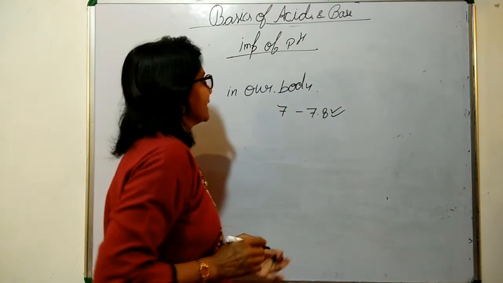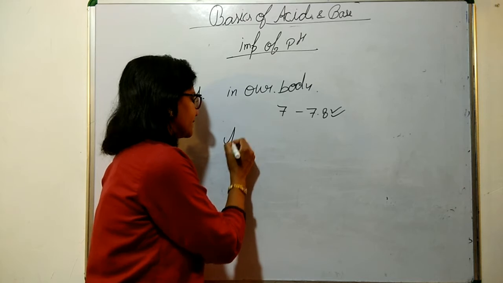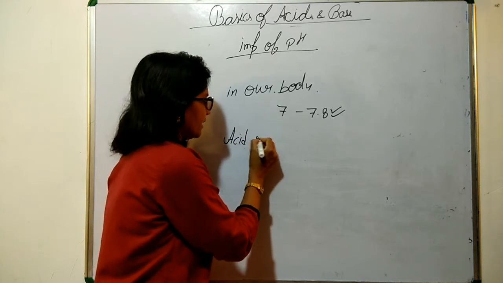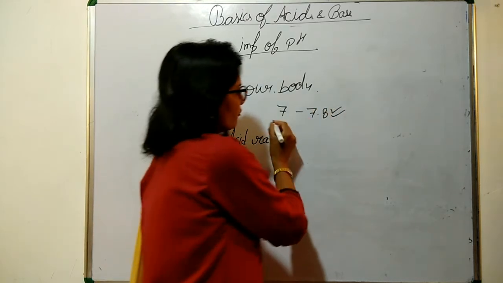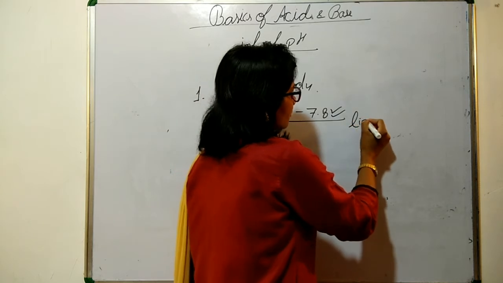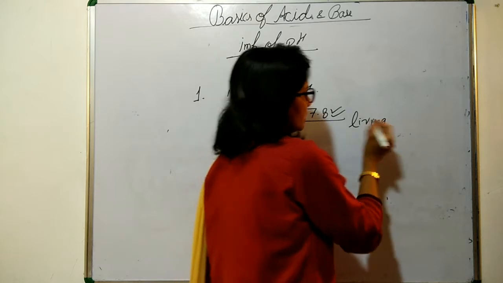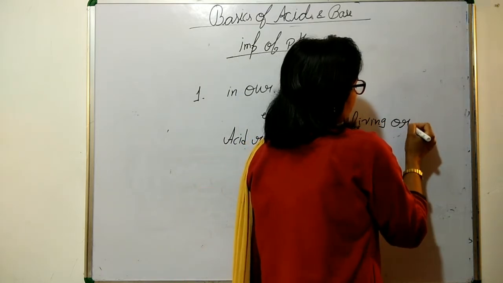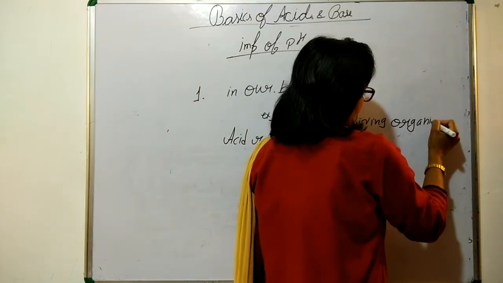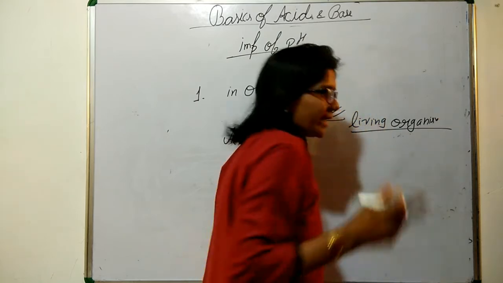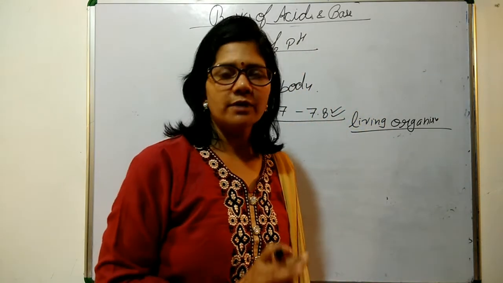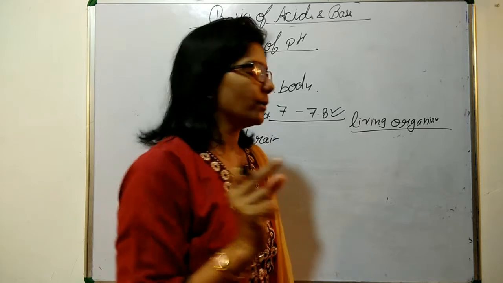Okay, but due to acid rain, one more thing: for living organisms, it was just an example for our body, but for living organisms the pH range in which they work is very narrow.